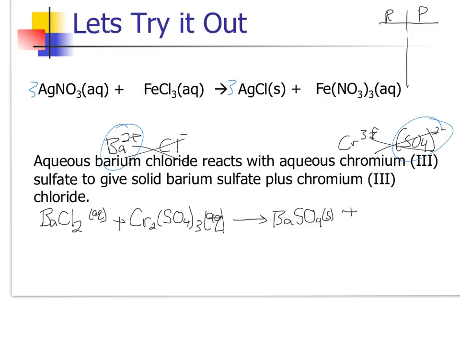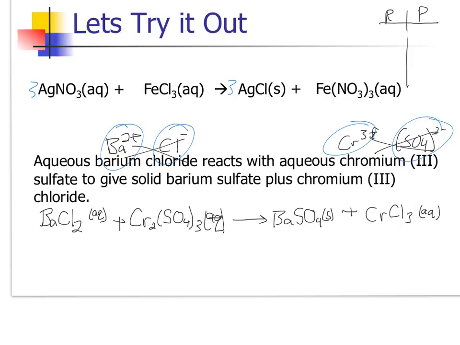And to make a chromium 3 chloride. Well, if I look at my ions there, I can see that chromium has 3 and chlorine has 1. I'll have to do the crisscross method to get CrCl subscripted 3, and that would be an aqueous solution, even though not indicated to us.